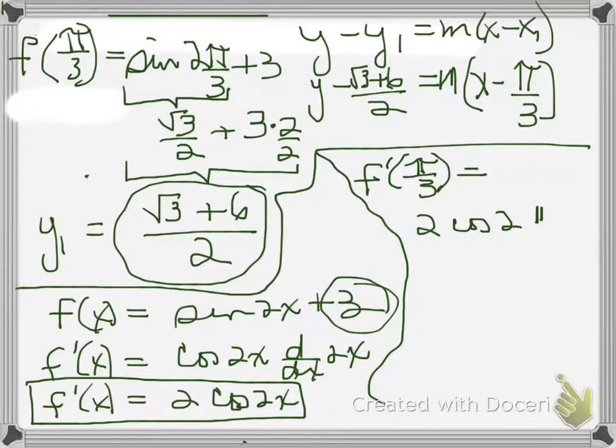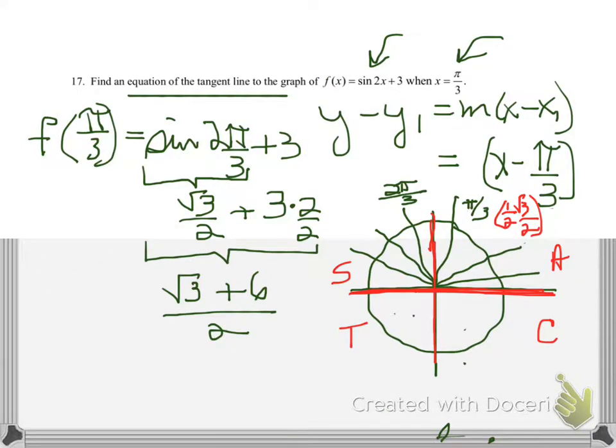Remember, we just talked about the unit circle with pi over 3, with 2 pi over 3, excuse me, and we can go back and look at that. So I'm going to have a 2. That's coming from this. I now need to replace cosine 2 pi over 3. Let's flip back for a second to the unit circle. Here's 2 pi over 3, and in this quadrant, cosine is negative, so it's going to be a negative value.